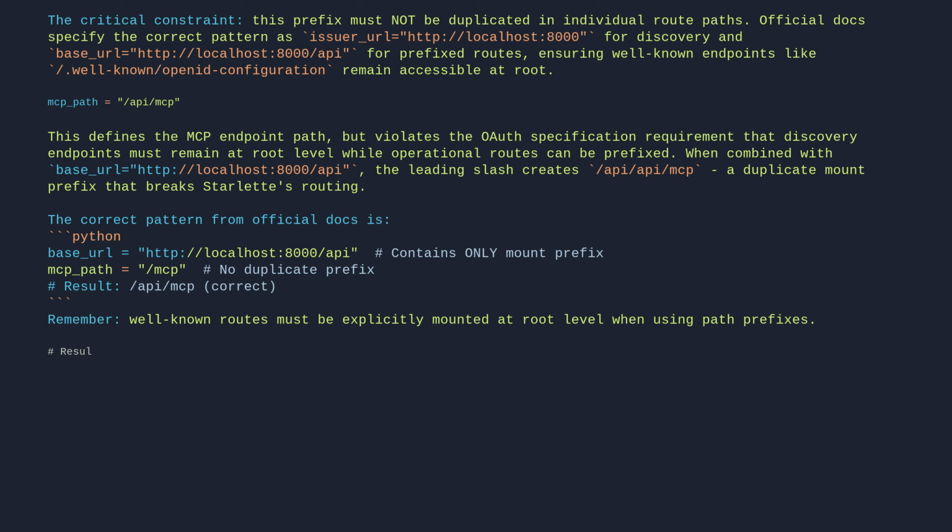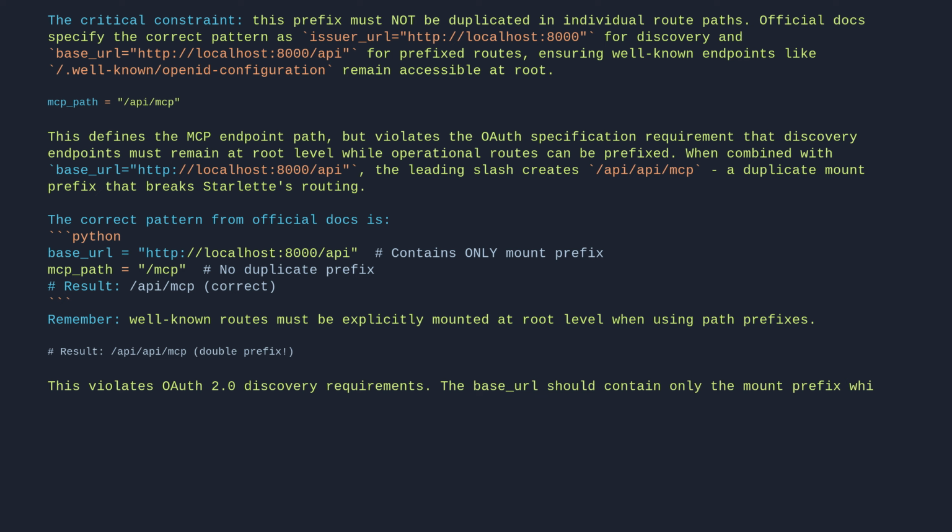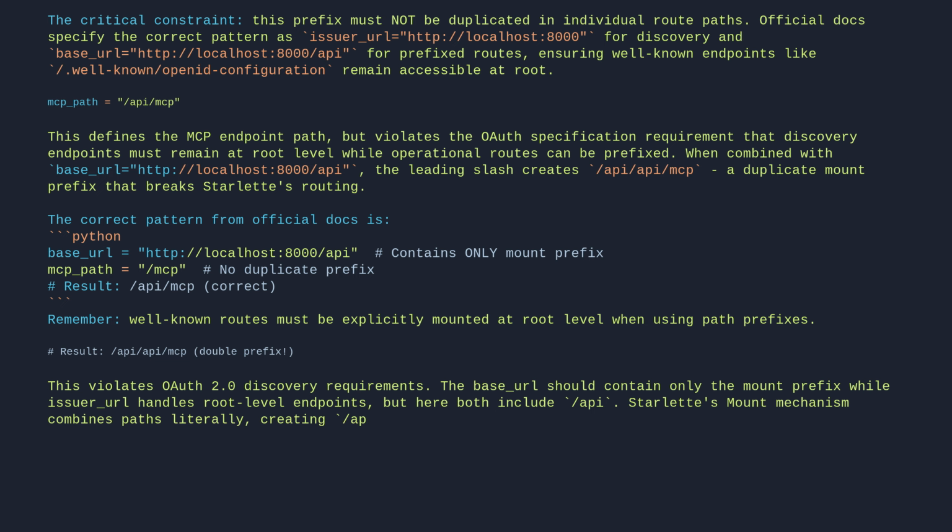Result: /api/api/mcp, double prefix. This violates OAuth 2 discovery requirements. The base URL should contain only the mount prefix, while issuer URL handles root-level endpoints. But here both include /api. Starlette's mount mechanism combines paths literally, creating /api/api/mcp instead of the required /api/mcp.